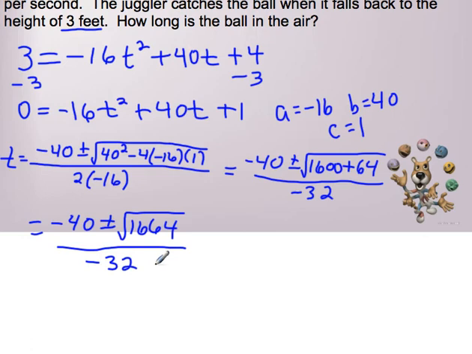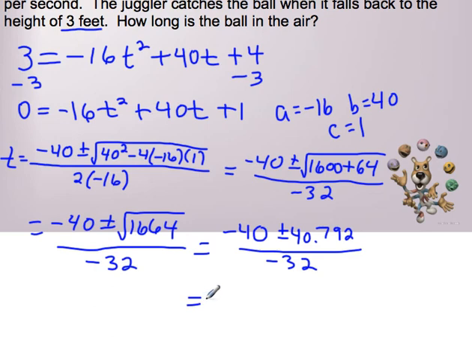Now, in this situation, it is okay for us to actually use some decimals, okay? Because this is a word problem and we need to find out actual time, I'm going to go ahead and figure out what this square root is, okay? So we've got 1664. Take the square root. You're going to have plus or minus, this is about 40.792, and that's going to be all over negative 32.